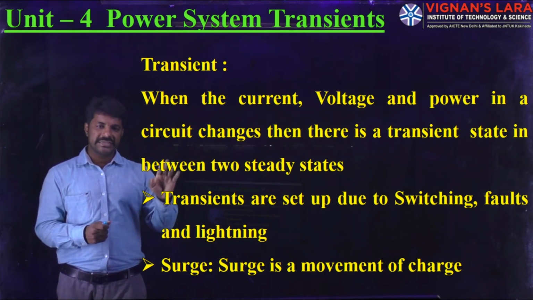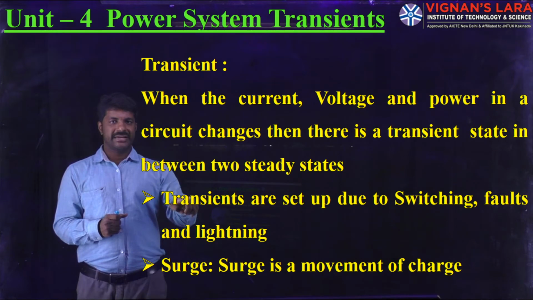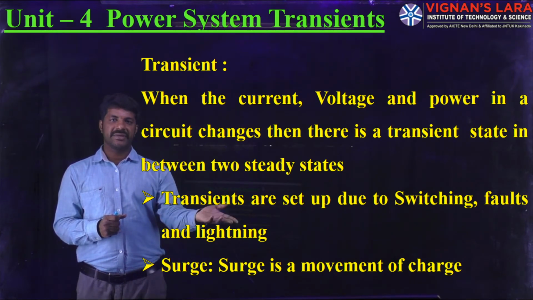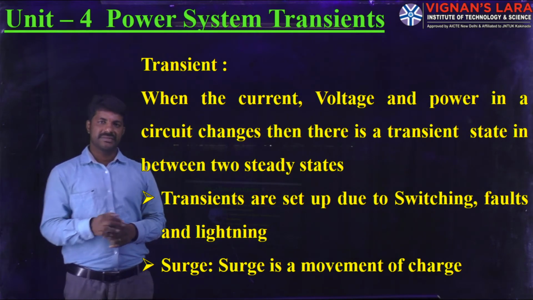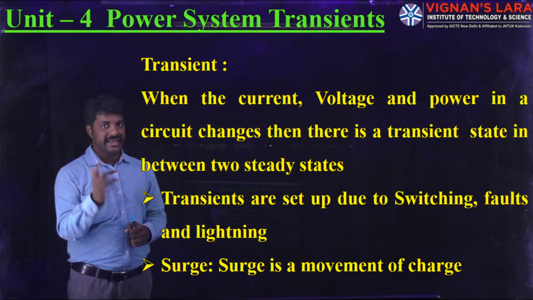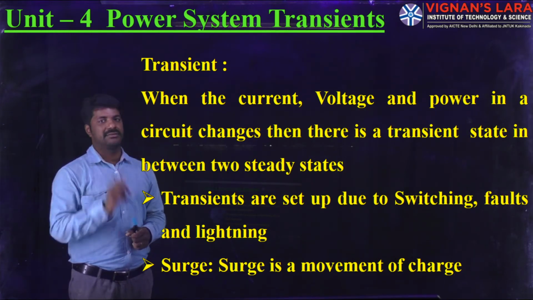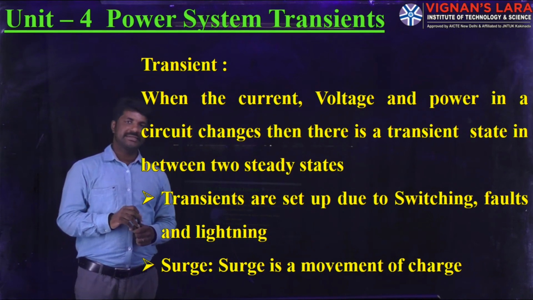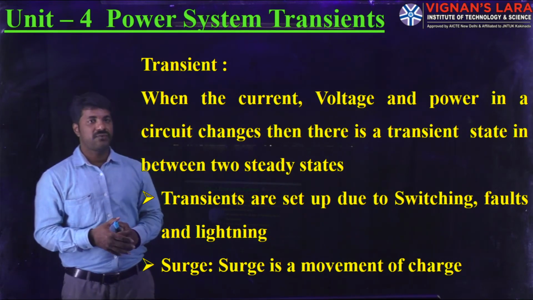Whenever you want to disconnect the load, again we are disturbing the circuit. Such a disturbance leads to the occurrence of transient. What is transient? Changing of the magnitudes of voltage or current or power. That phenomenon is called transient. Another reason for occurrence of the transient is faults.